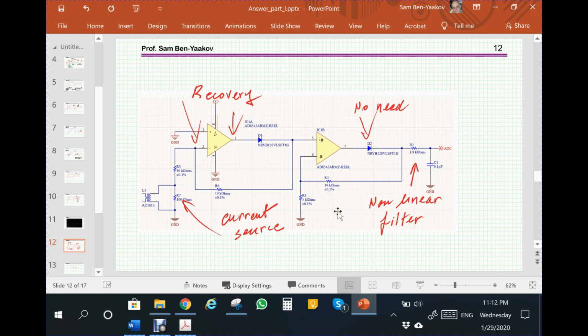And then we have the diode, which is really not needed, and then we have the nonlinear filter here, which causing a distortion due to the fact that the capacitor is not discharged in a controlled way by the amplifier, rather by a RC circuit, which with a time constant which is much larger than the original filter.